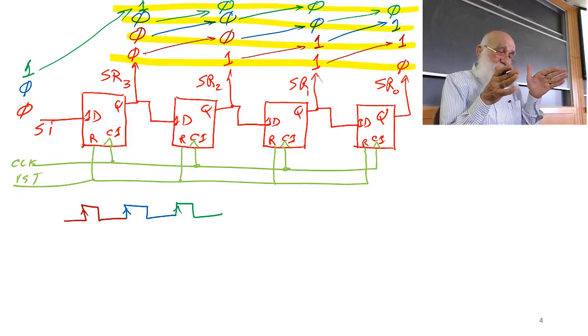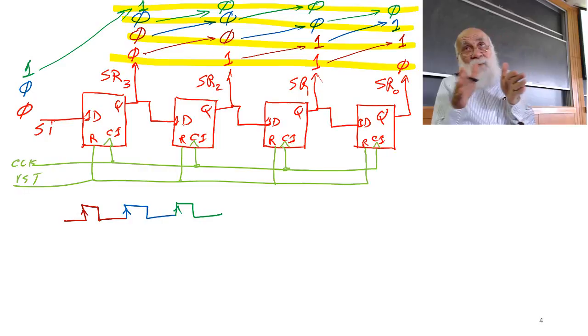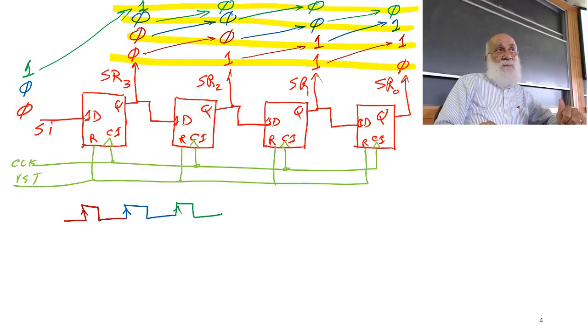So what is really happening, the contents of your register with each clock is shifting one place to the right. And therefore I call this one a right shift register, or a shift register shifting to the right.